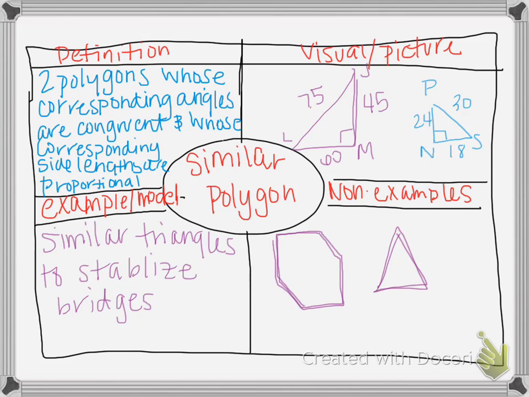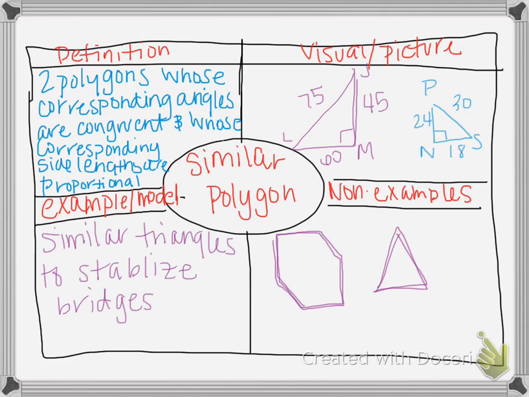I'm going to give you a paper with 8 different words: ratio, proportion, scale factor, dilation, enlargement, reduction, indirect measurement, and triangle proportionality theorem. These 8 words are what you're going to look up and do the Frayer models for. After you're finished with this, I want you to glue this into your notebook, and I'm going to show you in a picture how I want you to do that in a second.